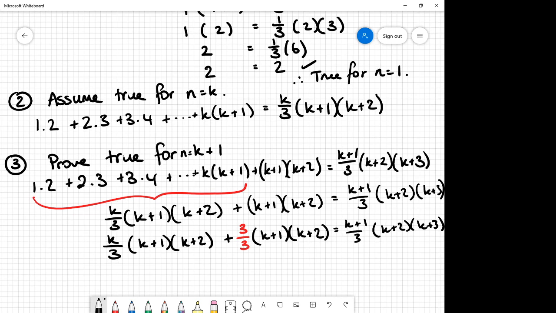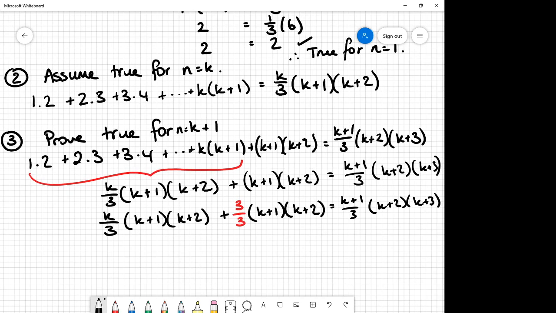However, now we've got similar fractions on the two of these, so all that we need to do is add together the front two parts here, because the parts following them in both of those are just k plus 1 by k plus 2.